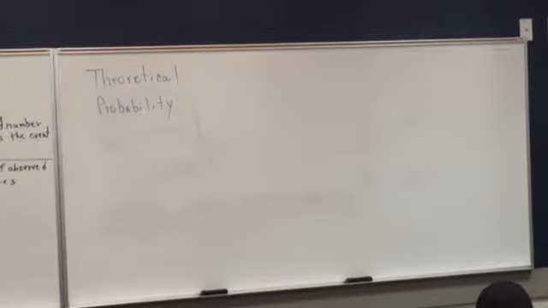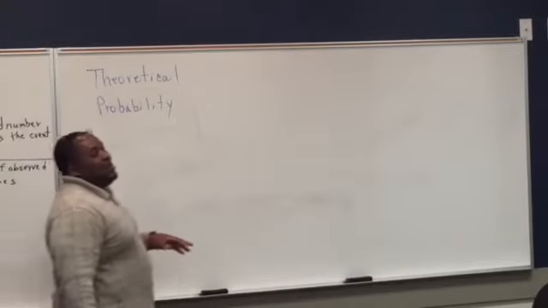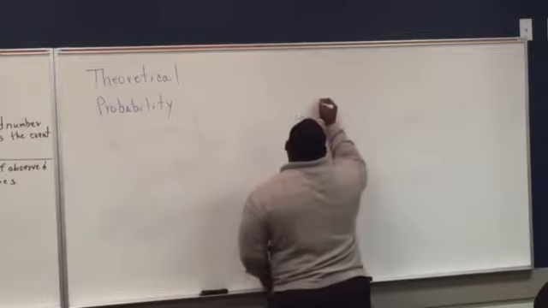In theoretical probability, we're going to take the number of outcomes of an event over the number of outcomes in the sample space. The reason they call it theoretical probability is because we have what's called a sample space.